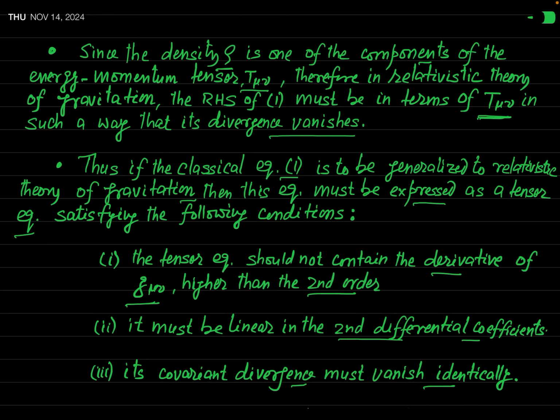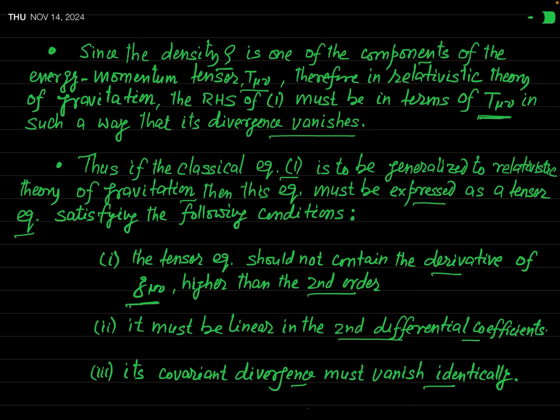So when you take all these conditions into account, as you have seen in my previous video on the fundamental tensor, the covariant derivative of g mu nu is identically 0, and the only tensor which involves g mu nu up to second order is one obtained by contracting the curvature tensor once and twice.